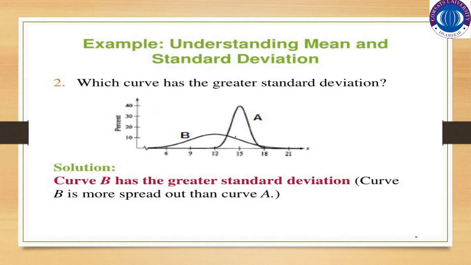As you know the definition of standard deviation, it is the measure of dispersion, and the definition of measure of dispersion is how much the data is dispersed around the mean.